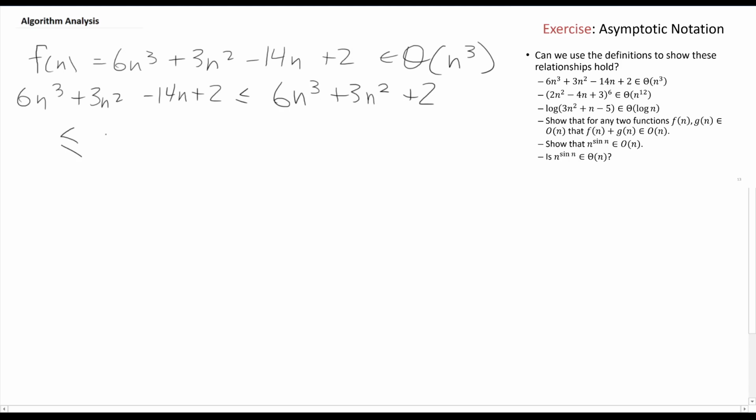This is less than or equal to 6n cubed, and then plus our 3n cubed as well. And then plus, I'm going to multiply my 2 actually by n three times to get me another n cubed. So I'm going to get 2n cubed. So in total, adding these together, what do we have here? 6 plus 3 plus 2, that's 11n cubed.